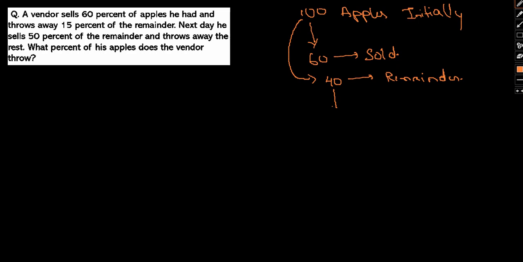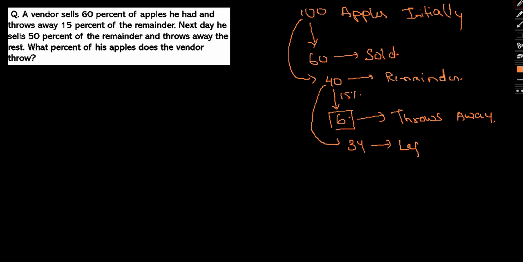So 15% of the remainder, that is 15% of 40, would be 6. This 6 he throws away, so he is left with 34.